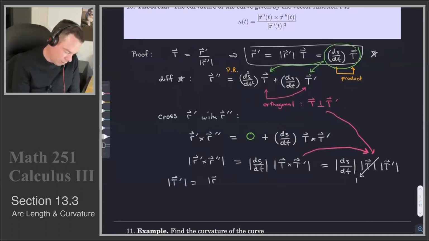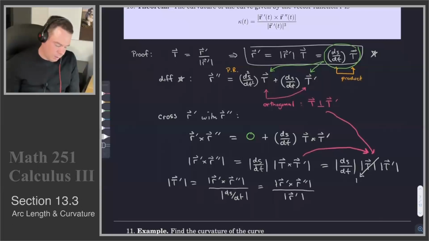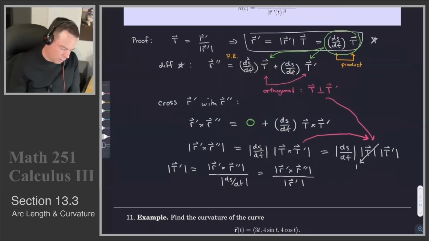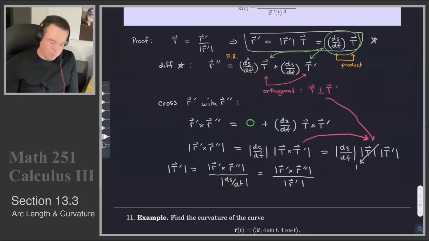It is the magnitude of r prime cross r double prime all over ds/dt. And ds/dt is just the magnitude of r prime. And so we've got now this expression for the magnitude of T prime.